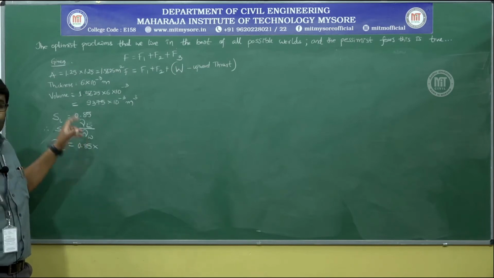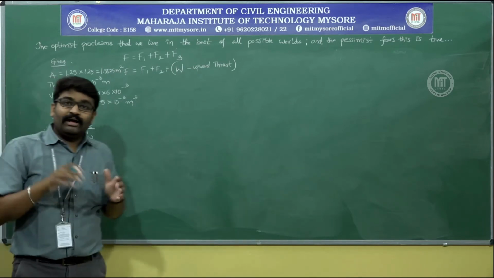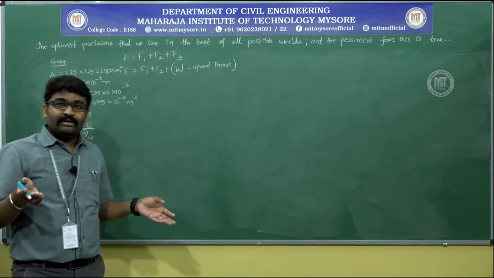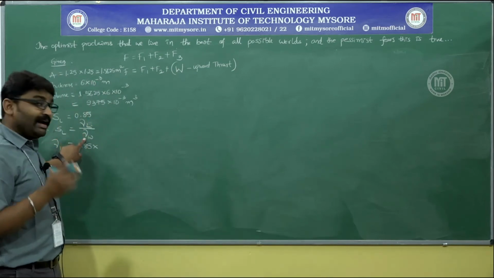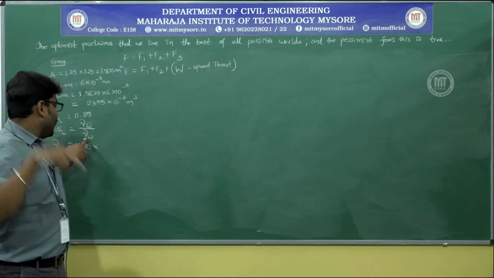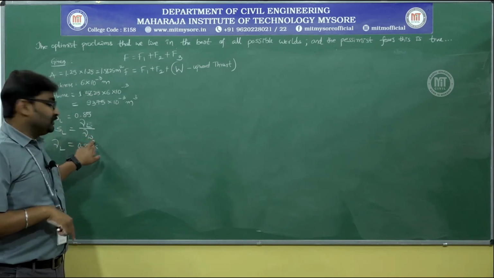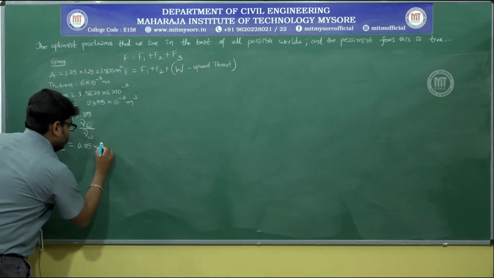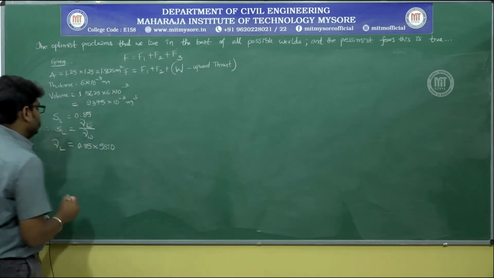How much is that? If you remember, specific weight is mass density into acceleration due to gravity, that is 1000 into 9.81. You can straight away write it as 9810.